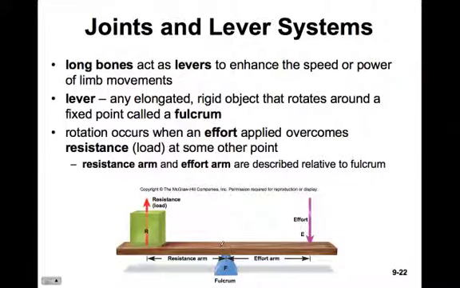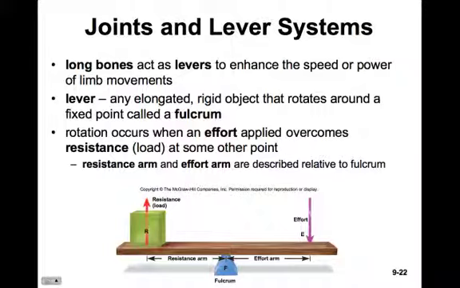You can see here in this seesaw example, if we had a particular resistance or load on one end of the plank, and then we sat on the other end of the plank, if we were heavy enough, we would overcome the resistance of the load on the other end, and it would rise, and our end that we sat on would go down.